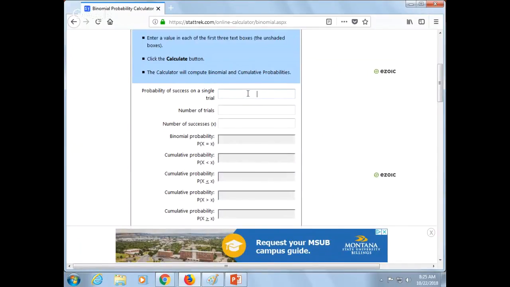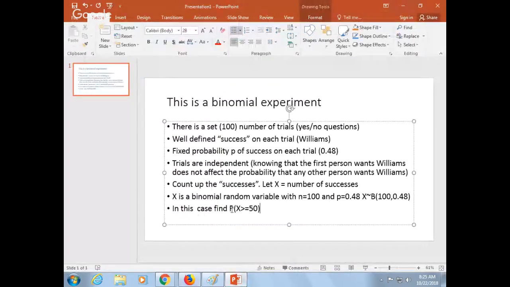Okay, so if we give it certain pieces of information, it's going to tell us what we want to know. And what we wanted to know, we decided, was namely, this shorthand stands for the probability of X greater than or equal to 50, where X is a binomial random variable according to the binomial distribution, n equals 100, p equals 0.48.